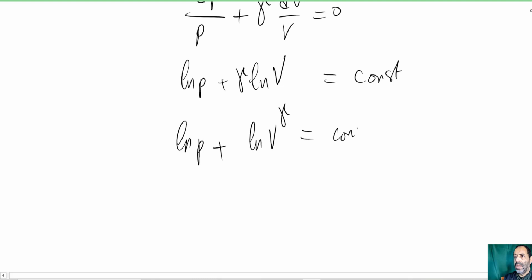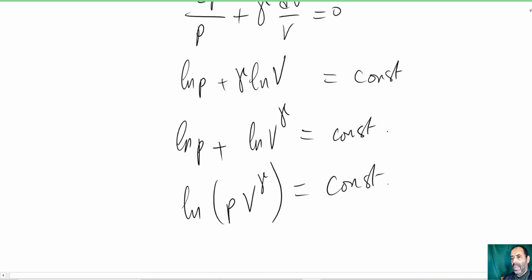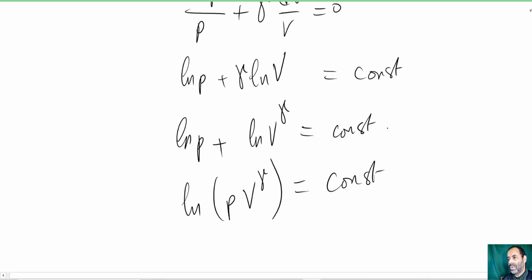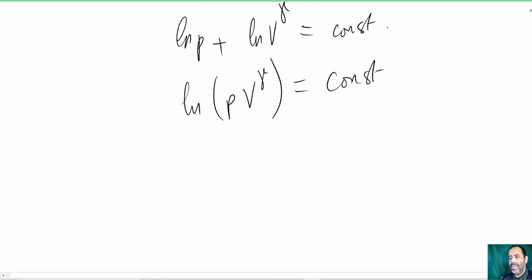It's the same thing, equal to a constant. Now ln plus ln, that's ln of the product. So this is ln of P times V to the power gamma equal to a constant. And if I take the exponential of both sides, I have PV to the power gamma equal to constant, which is just exponential of a constant, which is just another constant.